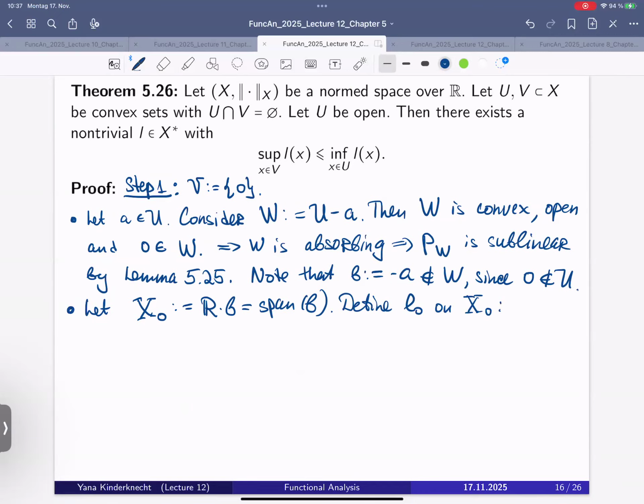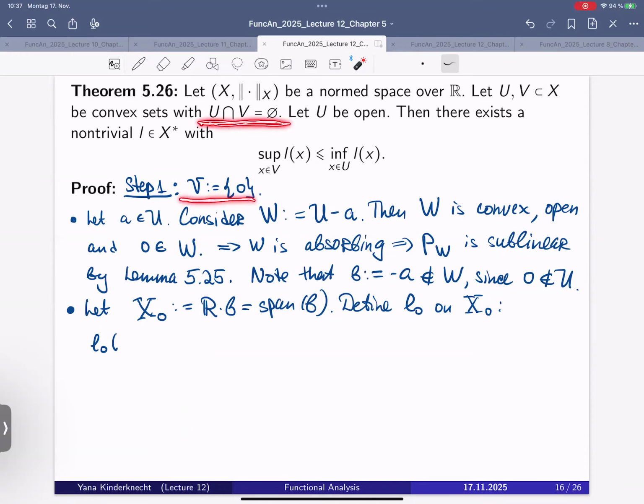So this is like step two, the next step. We define the linear functional L0 in the following way. Sorry, can you please clarify the previous moment? So we take, minus A does not belong to W since 0 does not belong to U. Yes, think so: V is just the origin.